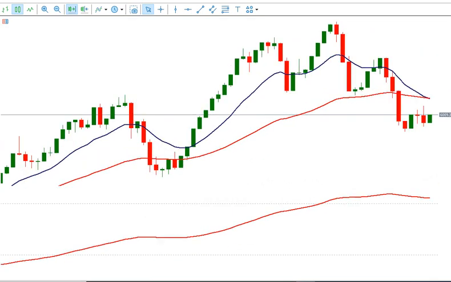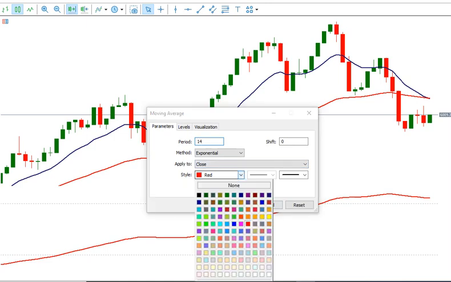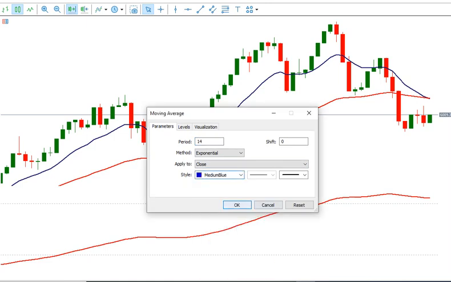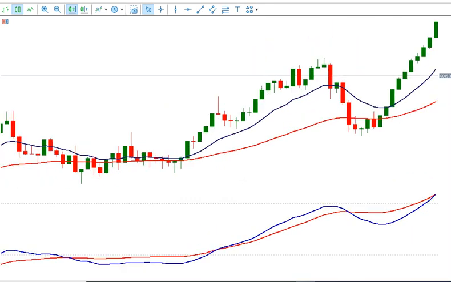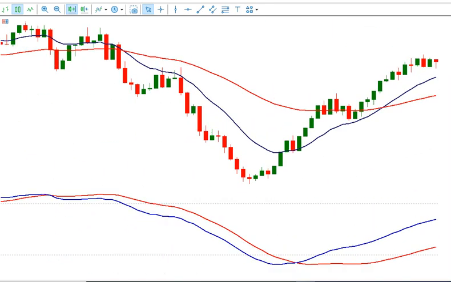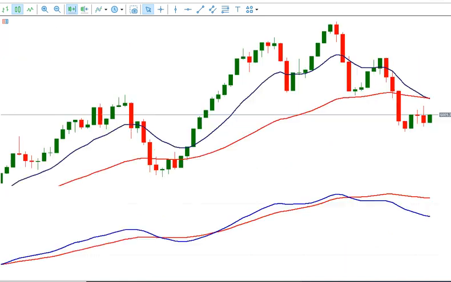Then I'll be adding another one on the same indicator window one. This time is 14, then I can change it to be blue. Then I close. Are you seeing that? Yes, so this is how.